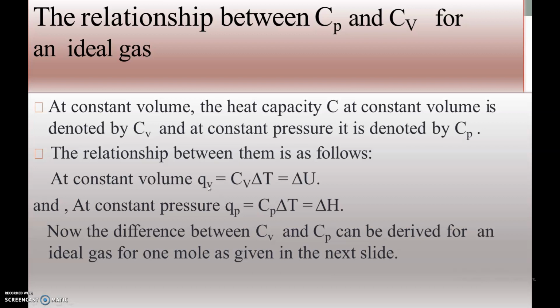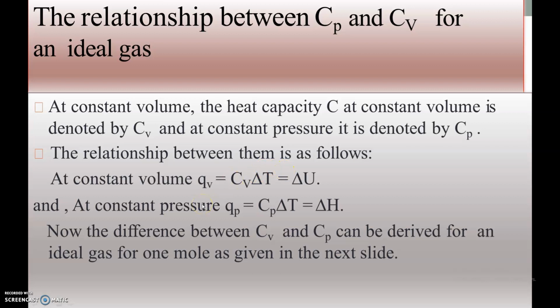So at constant volume, the heat produced is equal to the heat capacity at constant volume times delta T. The heat capacity times the change in temperature gives the amount of heat produced. We know that this is our internal energy, which we have seen. The heat produced is equal to the change in internal energy of the system, that is Cv delta T.